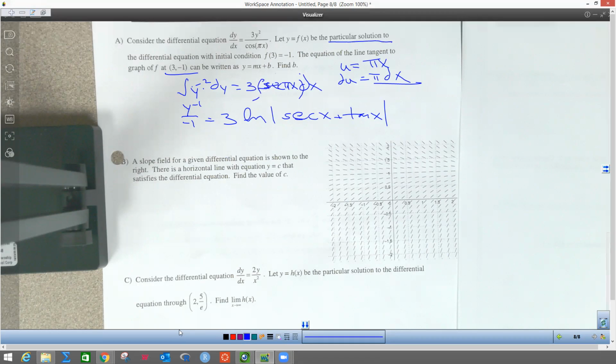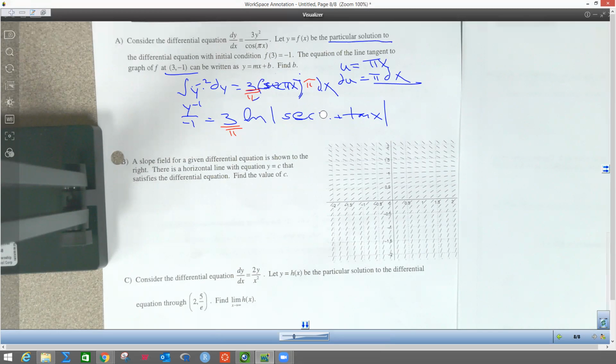What am I missing? I'm missing pi. Isn't pi a number? Are we allowed to create and destroy numbers? So I'm going to create a pi, move this over, create a pi, and come out here and destroy that pi. So this is going to be over pi.